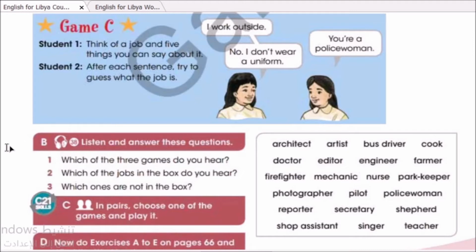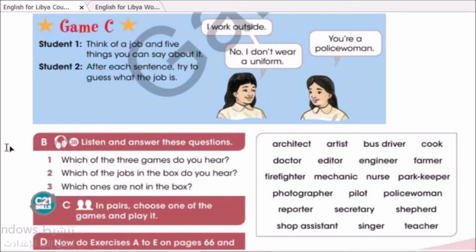"Good morning, class." "Good morning, Miss Hadil. Today you're going to play a game." "Hey!" "The name of this game is What's My Job? And this is what I want you to do. You'll work in pairs. One of you, student 1, thinks of a job but doesn't tell her partner, okay?"